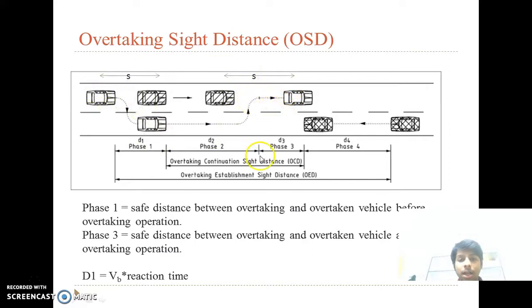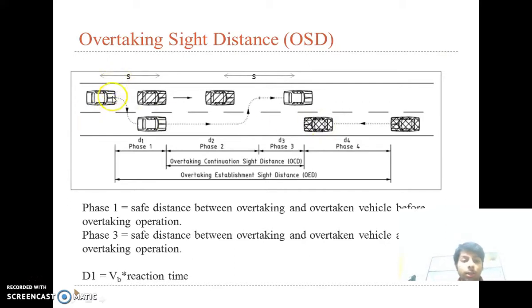This is the overtaking operation. So the time required to go from this point to this point is the same as the time required for the slow moving vehicle from this point to this point, and the same time required for the fast moving vehicle to move from this point to this point. So all is happening in the same time.